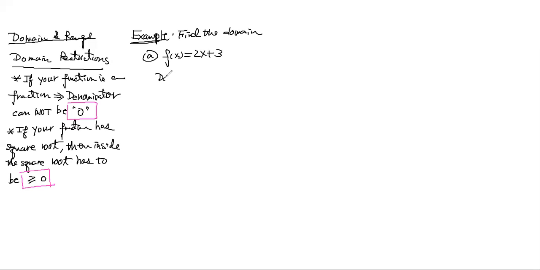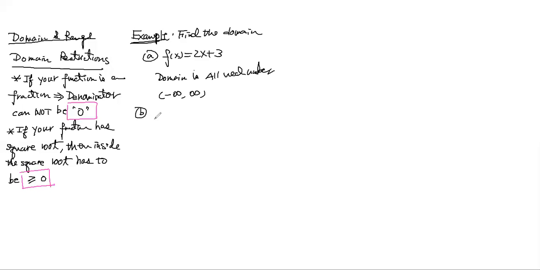No. So the domain is all real numbers, or you can write it from negative infinity to positive infinity. I think that's how MyMathLab will want you to do it.